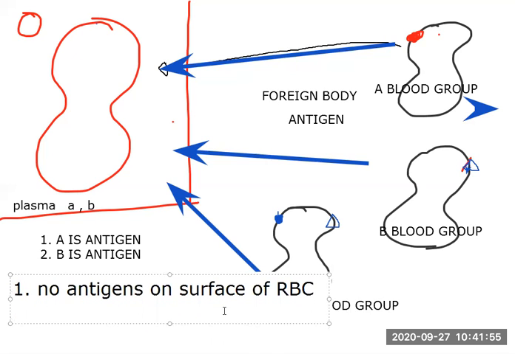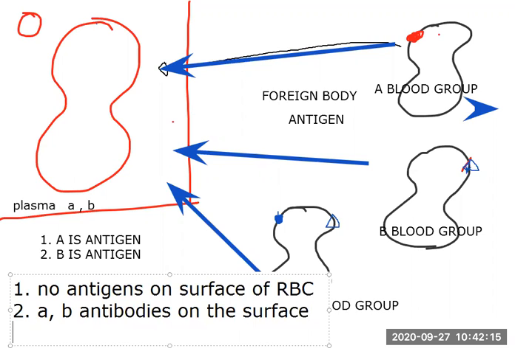He is having A and B antibodies. Both are present in the plasma, because when he is exposed to such kinds of blood, he is able to produce both A and B antibodies in the plasma. So that is the case for O blood group.